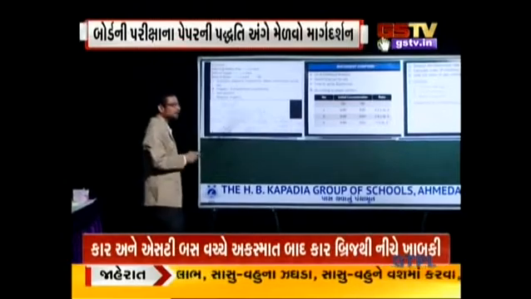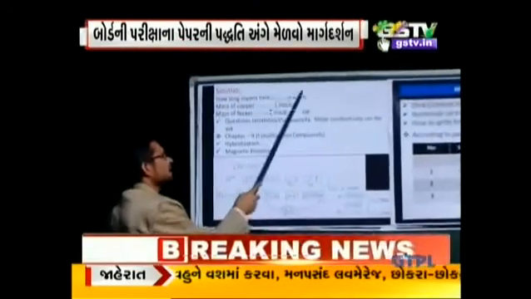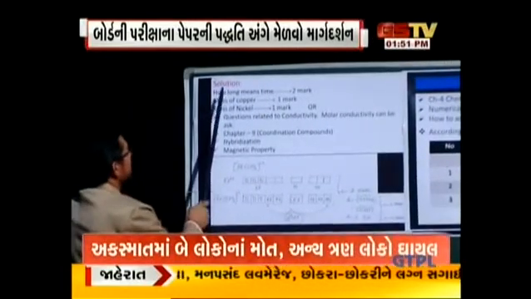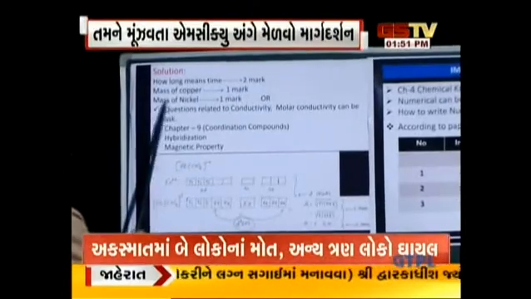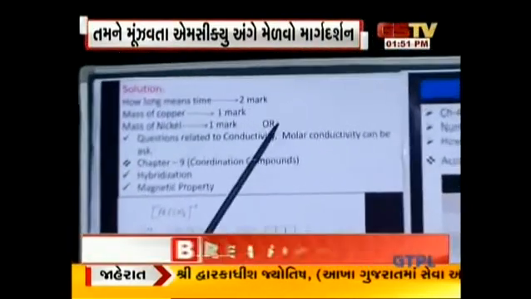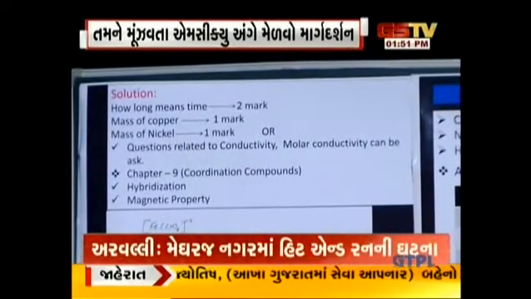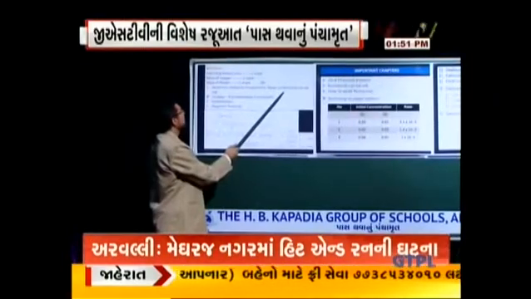For that you have to find the timing. For that it's 2 marks, and mass of copper, for that 1 mark, and mass of nickel, for that 1 mark. Okay. Or in the board they can ask questions related to conductivity, molar conductivity.